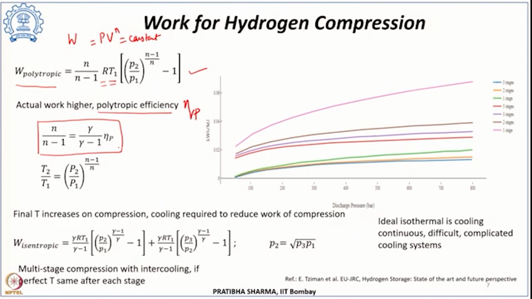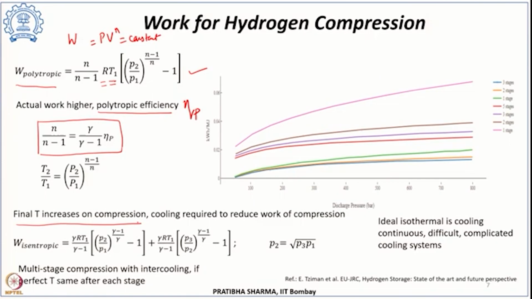Now, considering the process of compression, the final temperature of the gas on compressing it from pressure P1 to P2 can be obtained as follows, T2 being the final temperature. T2 upon the initial temperature T1 is the pressure ratio P2 upon P1 to the power n minus 1 upon n. Usually in the compression process the temperature increases on compression, we know that.